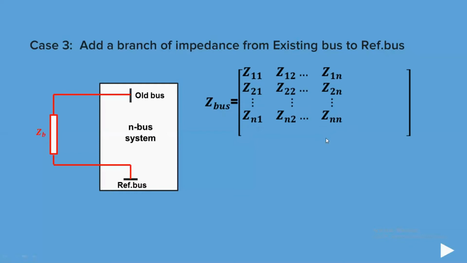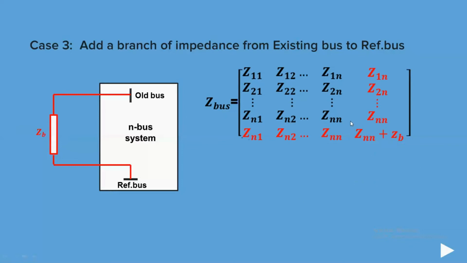The column elements and the row elements are just a copy of the previous last column and last row elements. The diagonal element is the sum of the previous diagonal element plus the new branch impedance. This is our added branch in this case: ZNN plus ZB.